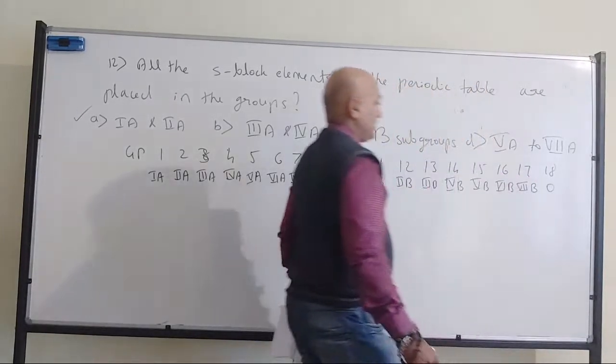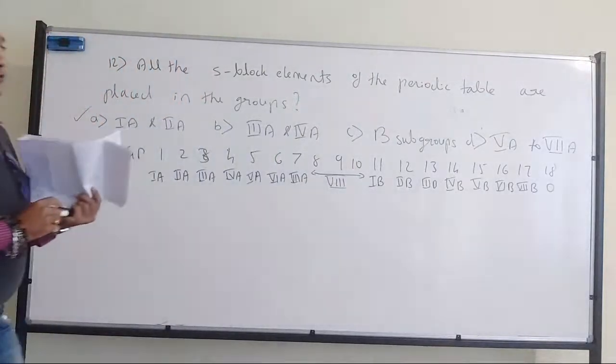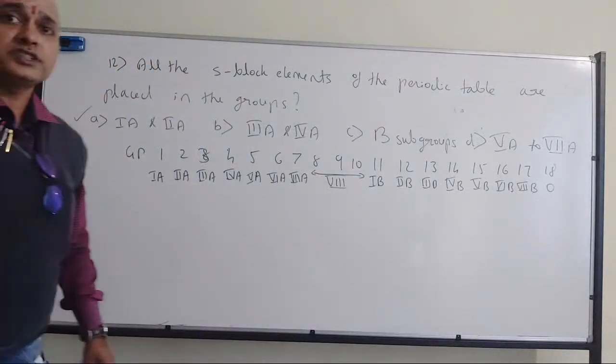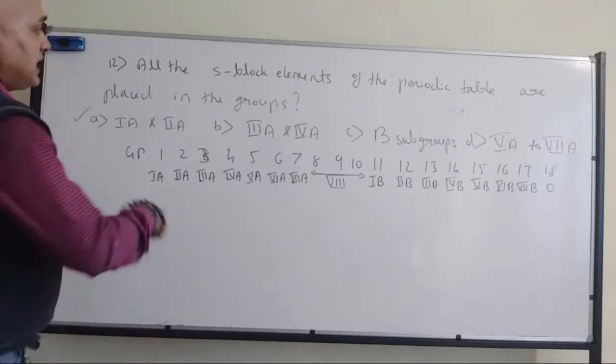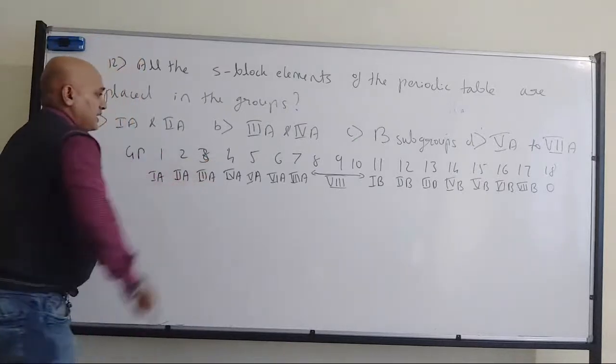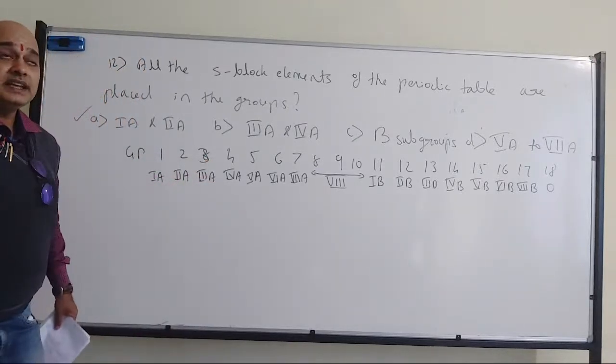This is 0, so they will call it the 0th group according to old nomenclature, old style. In your textbook also they have given both the ways.